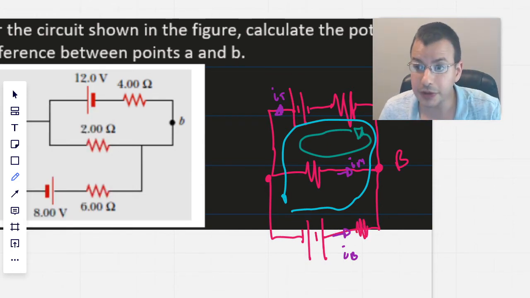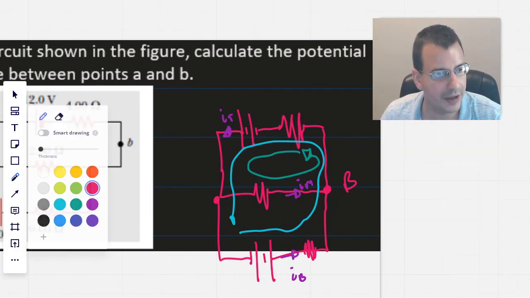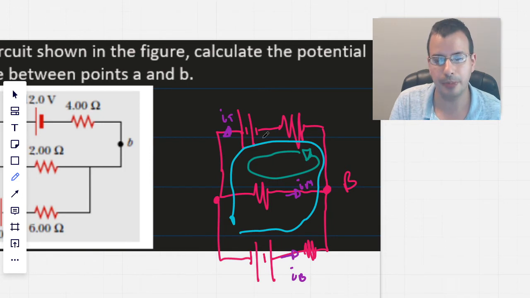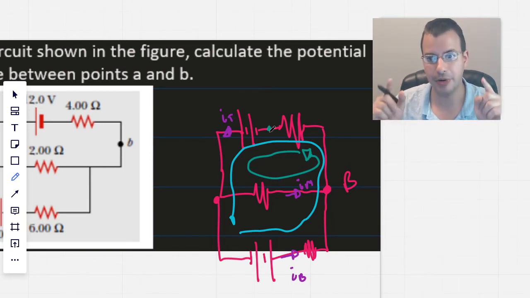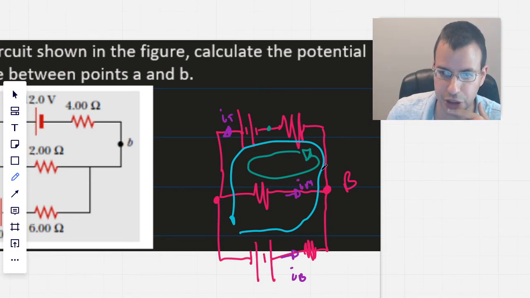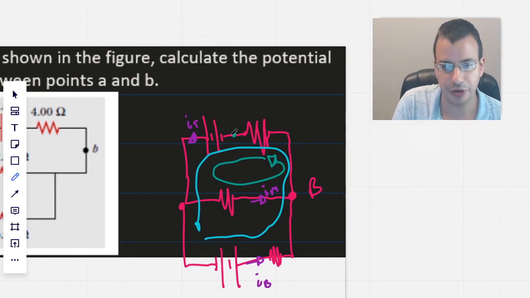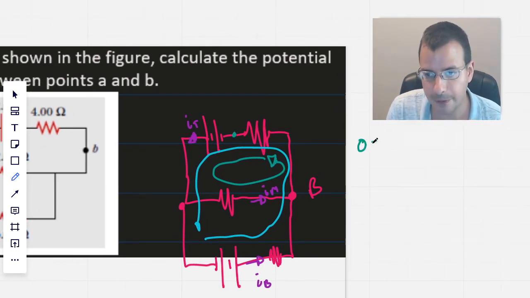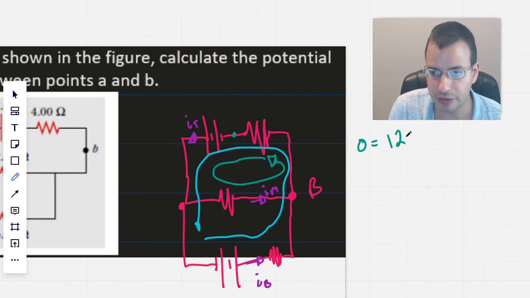Okay. So first thing we do is apply Kirchhoff's voltage law. Basically, the idea is at any given point, the voltage with respect to itself is 0. So the voltage at this point will be 0. Then as we move across the battery, we'll have 12 volts.